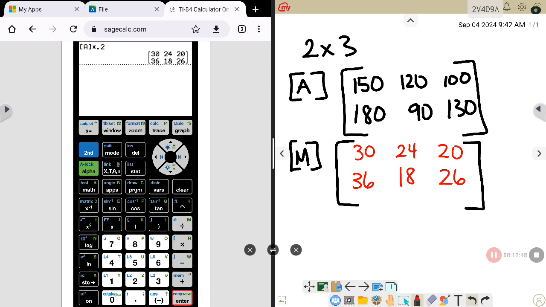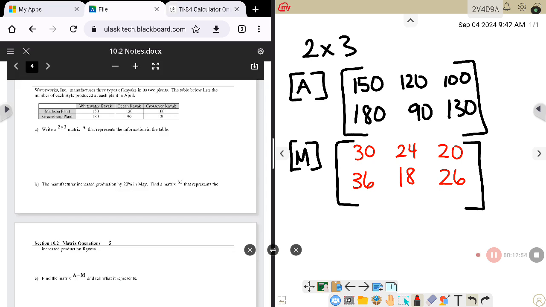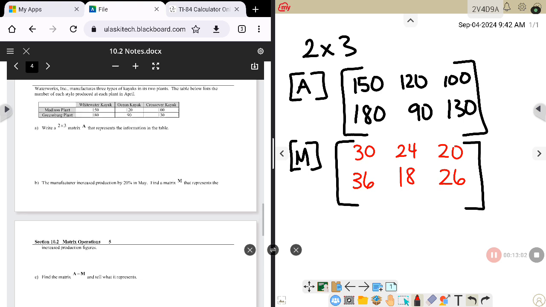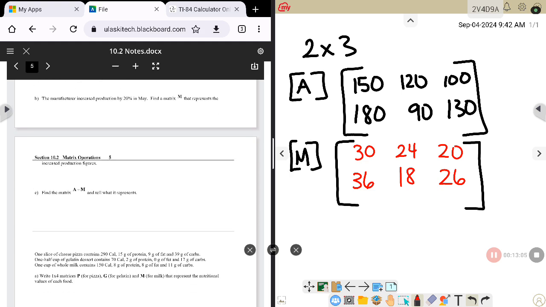So that is going to be the numbers that, in part B, show matrix M that represents the increased production figures. So that is how much it increased from April to May. So now I want to add those two together and see what this represents.